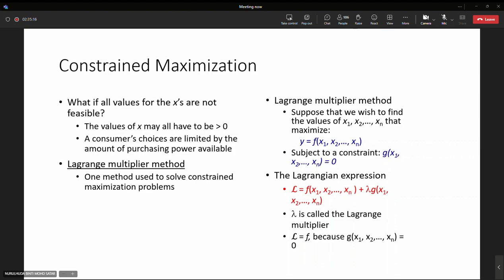Normally it's going to be a budget constraint. A consumer optimization problem will lead to the derivation of a demand function.